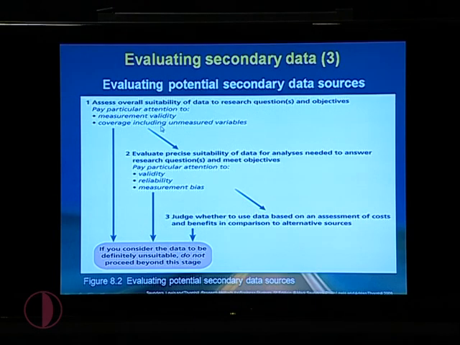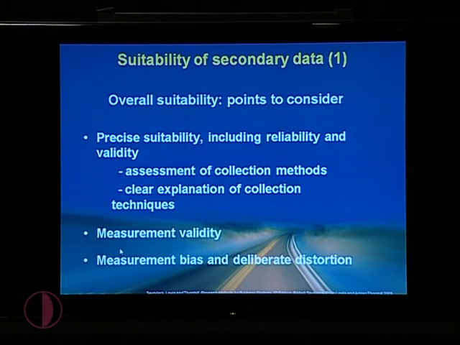Is it suitable for your research question, objectives, and methodology? Consider measurement validity and coverage, including unmeasured variables that maybe you would process again, or replicate some findings. Evaluate the precise suitability of data for the analysis needed to answer research questions and meet objectives: validity, reliability, and measurement bias. And judge whether to use it based on assessments of cost and benefits in comparison to alternative choices of where to obtain your data. Then you can say go or no go with these secondary data.